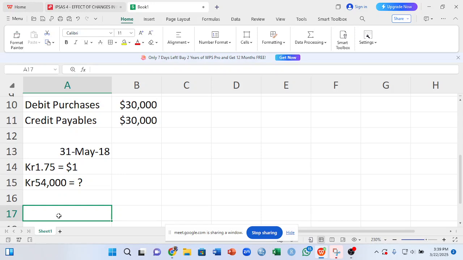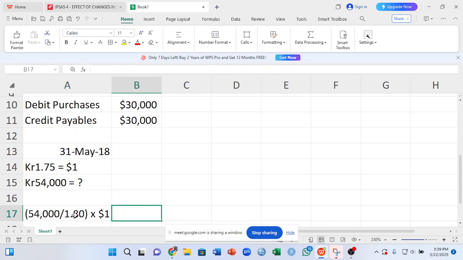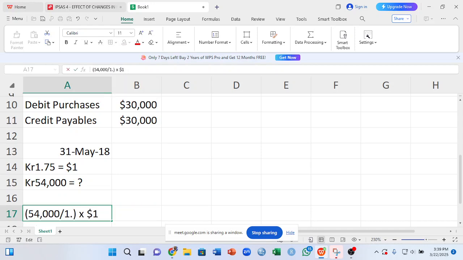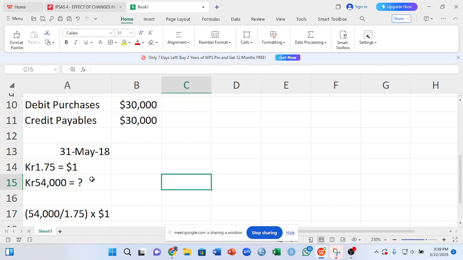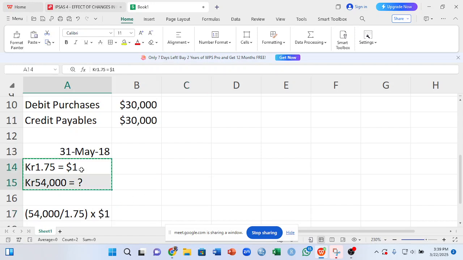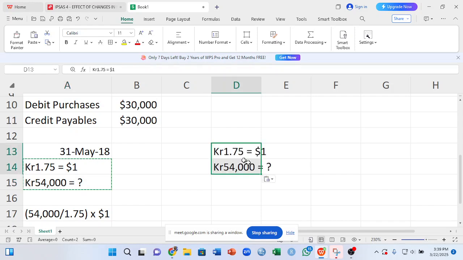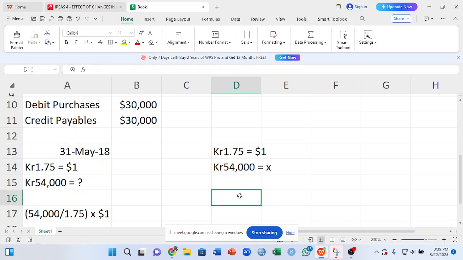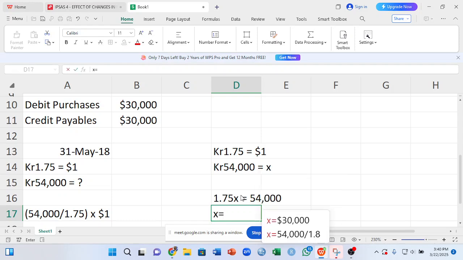We can use normal ratio and proportion, so we divide by 1.75. Or those comfortable with the cross-multiply approach can use that as well: 1.75x equals 54,000, which gives x equals 54,000 divided by 1.75.